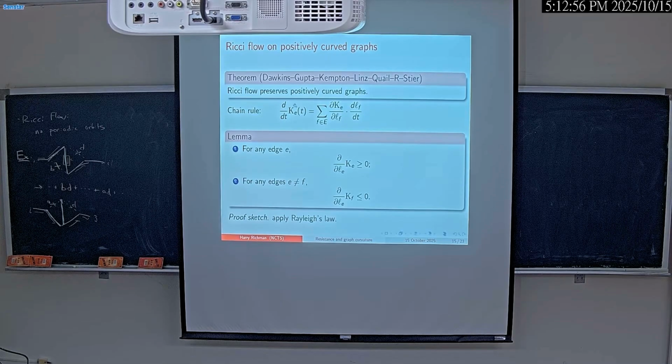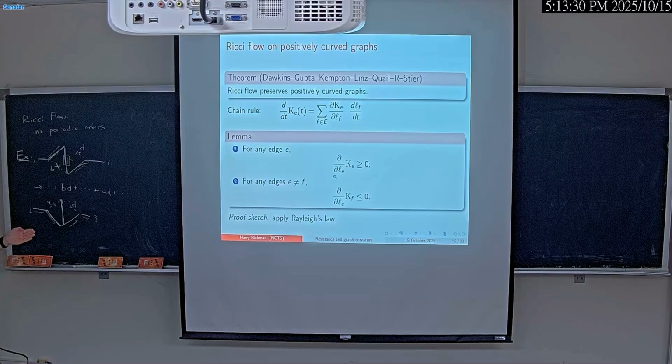And so the first thing we can do is apply the chain rule, where we separate it over the influence of all the individual edges. And then we see that for this first term, the change in the curvature, after just applying the chain rule, we need to just understand how the curvature changes as we change a single edge, or a single resistance within the graph.